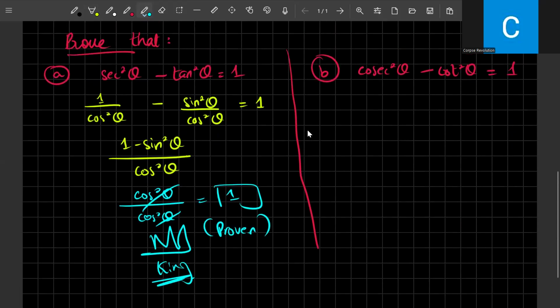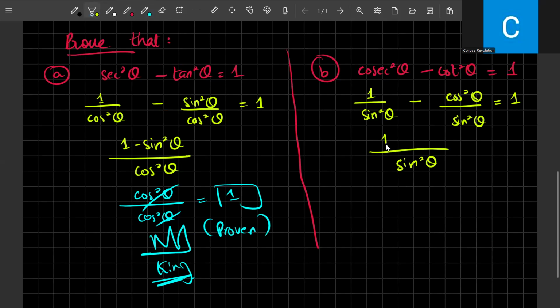So let's head over to another identity, which we have to prove. Cosec square theta minus cot square theta is equal to 1. So we know that cosec square theta is equal to 1 upon sine square theta, and cot square theta is equal to cos square theta upon sine square theta. So we get 1 minus cos square theta over sine square theta.